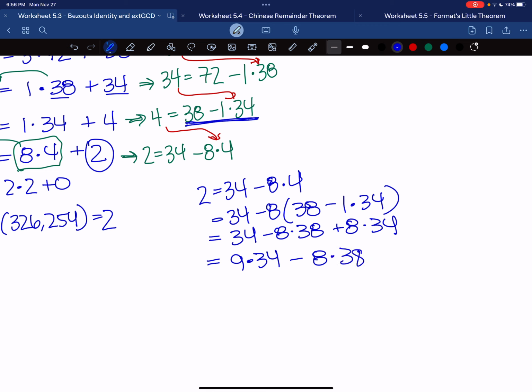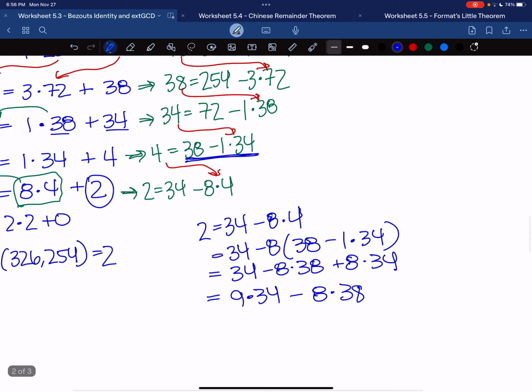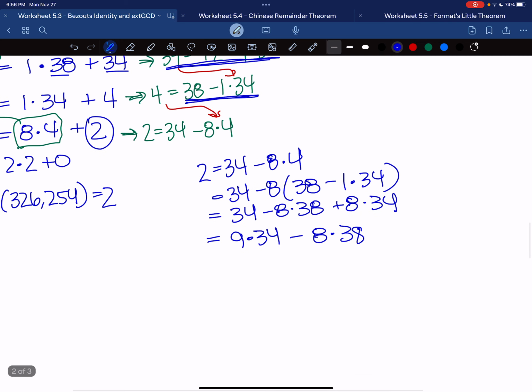Okay, so now we can go ahead and put in a new value for 34. So we just work our way back up the tree, and we're going to see that we've got another value, and it is a tedious maybe.